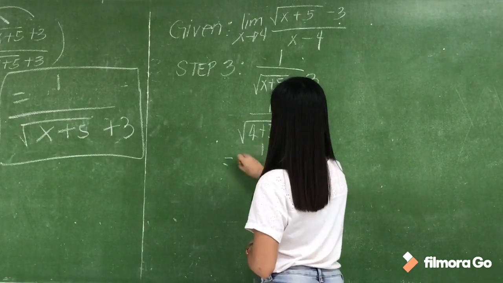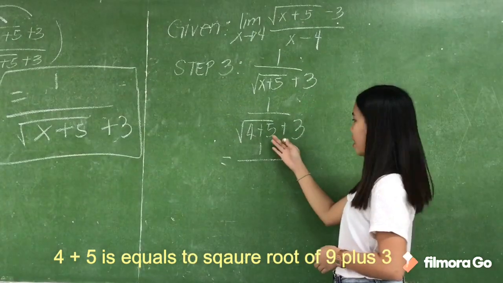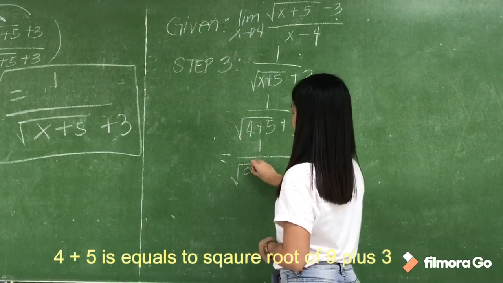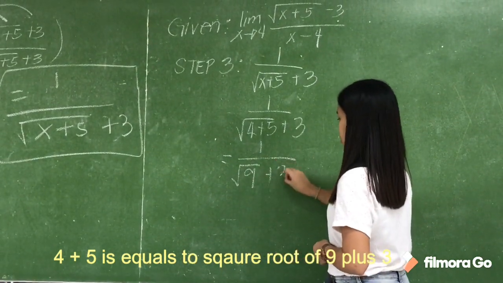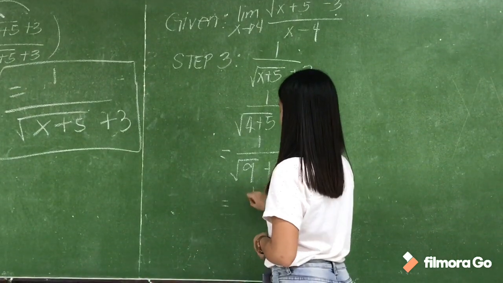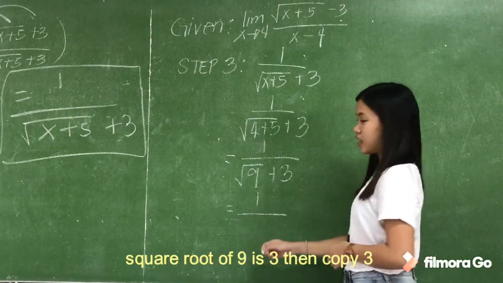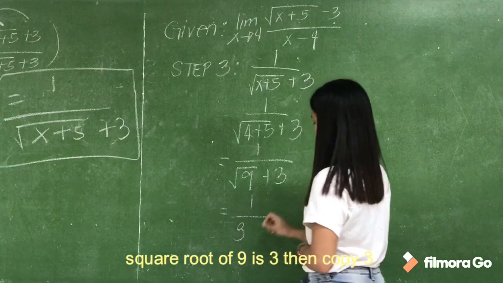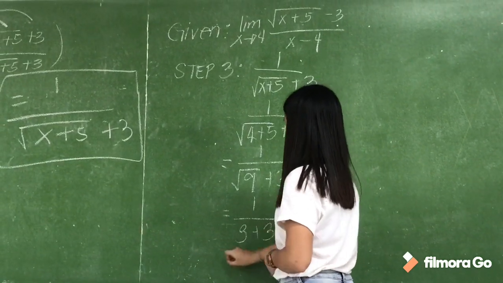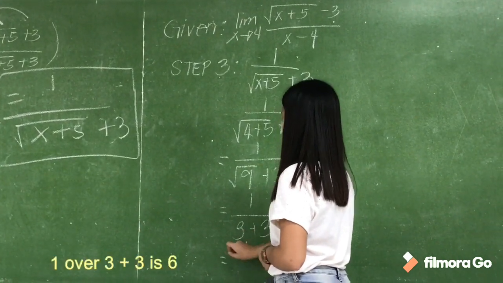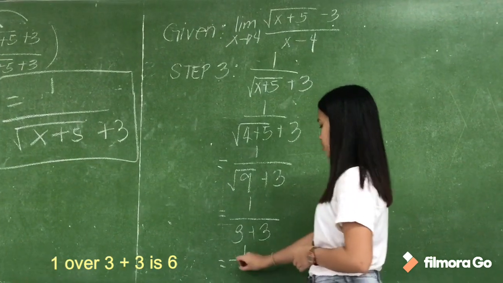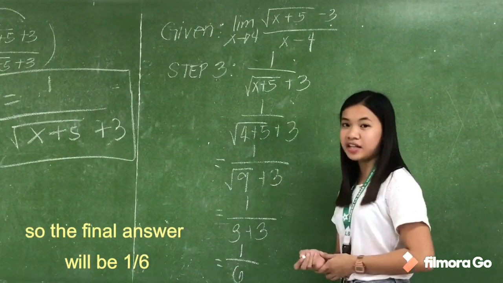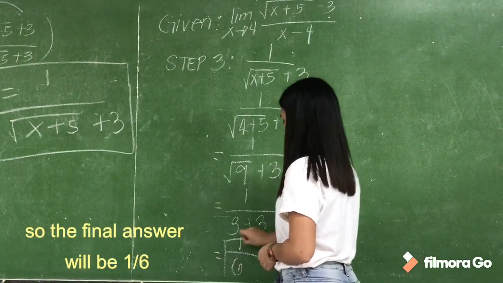Then 1 over square root of 4 plus 5 plus 3 is equal to 1 over square root of 9 plus 3. Square root of 9 is 3, then copy 3. 1 over 3 plus 3 is 6. So the final answer will be 1 over 6.